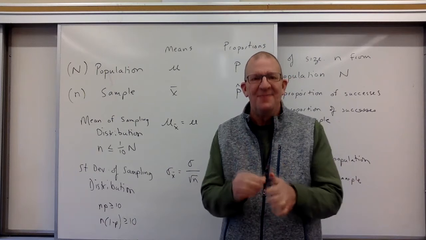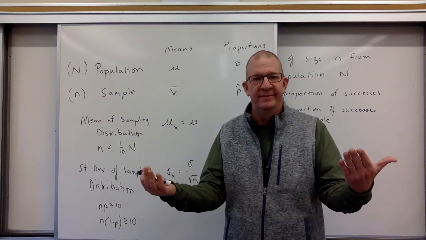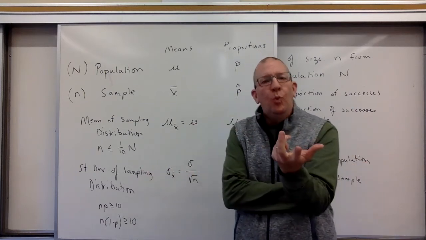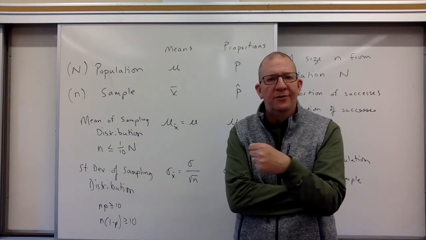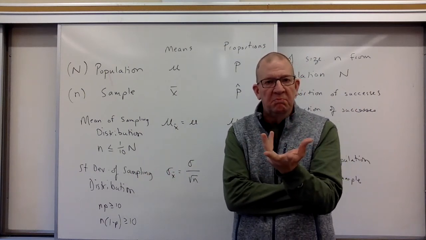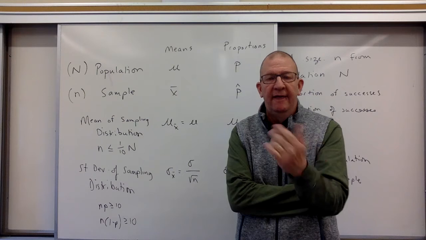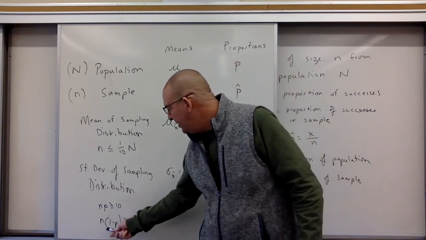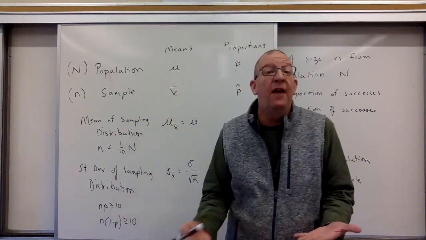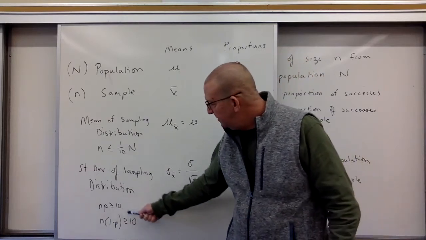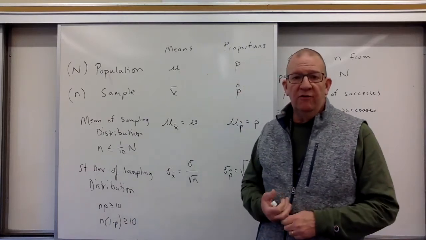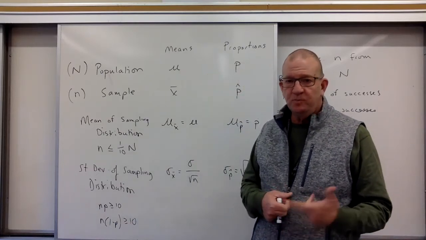Let's repeat that again. If you have 1,000 students and less than 1% of them get more than 8 hours of sleep, don't bother with your survey. Make sense? So you need np to be greater than or equal to 10, and then of course the number of failures, n times 1 minus p, to be greater than or equal to 10 as well. And this number 10 comes from our work with binomial distributions.